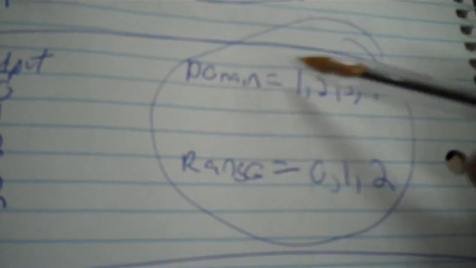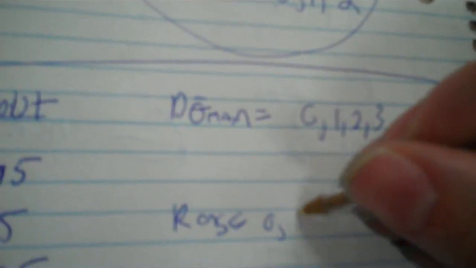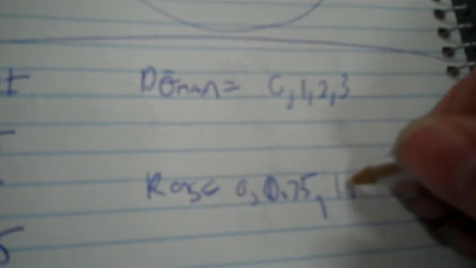Domain, range, and these are the answers you type. Domain equals, range equals. So the domain 0, 1, 2, 3. The range 0, 0.75, 1.5, 2.25.